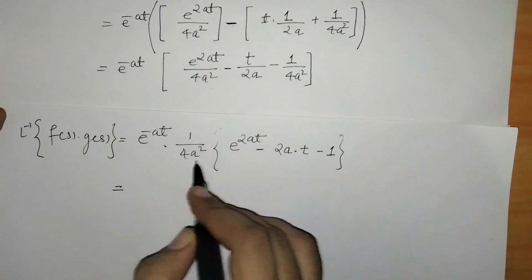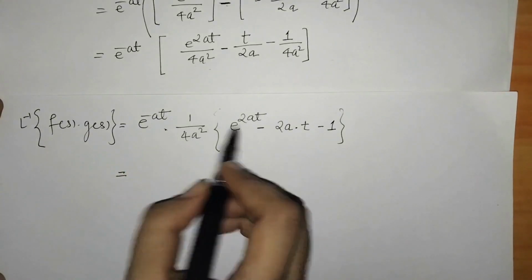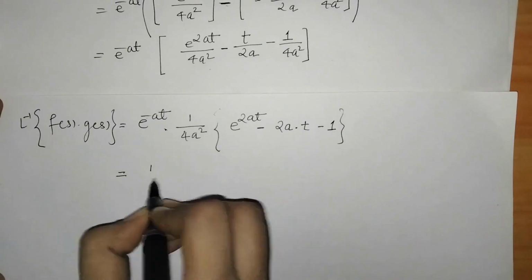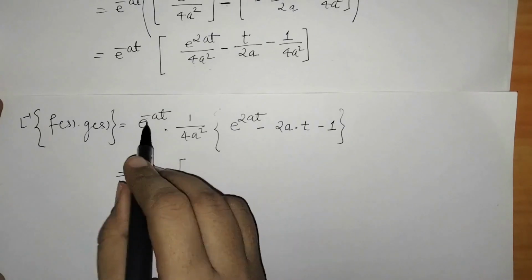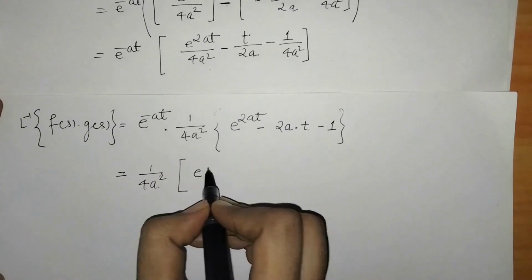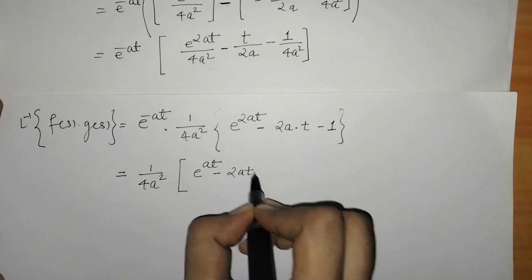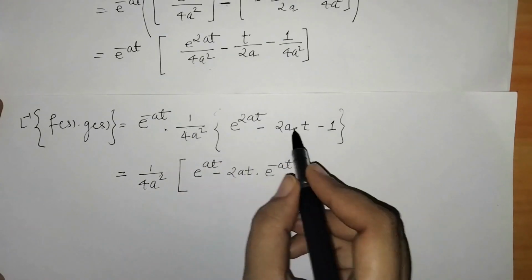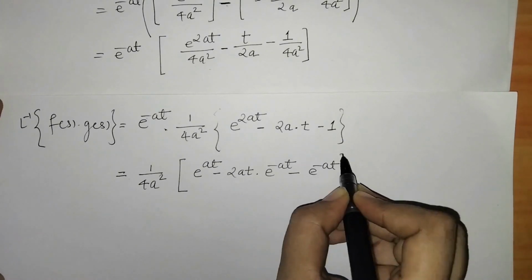Again, if we want, we can do the simplification: we can take this e raised to minus at inside this bracket. So remaining here we have 1 upon 4a square. When we take this inside the bracket, remaining here e raised to at, and this is 2at e raised to minus at, and same here e raised to minus at.